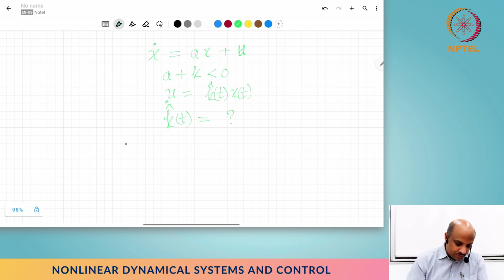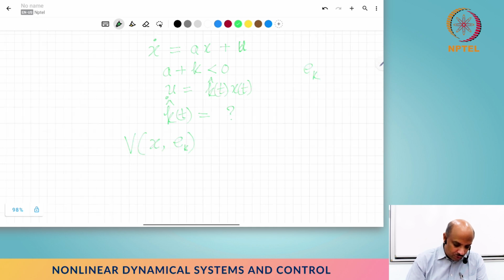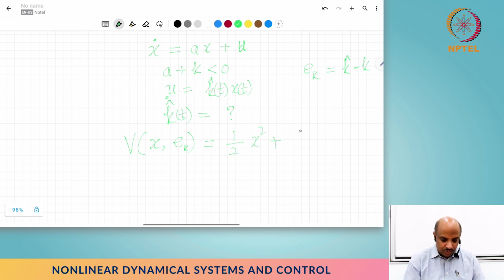I'm going to consider a Lyapunov function of the form V of x comma e k. Let's remind ourselves, e k is the error between the estimate and the parameter that we are trying to estimate, right? We'll pick something like half x squared plus alpha over 2 e k squared.